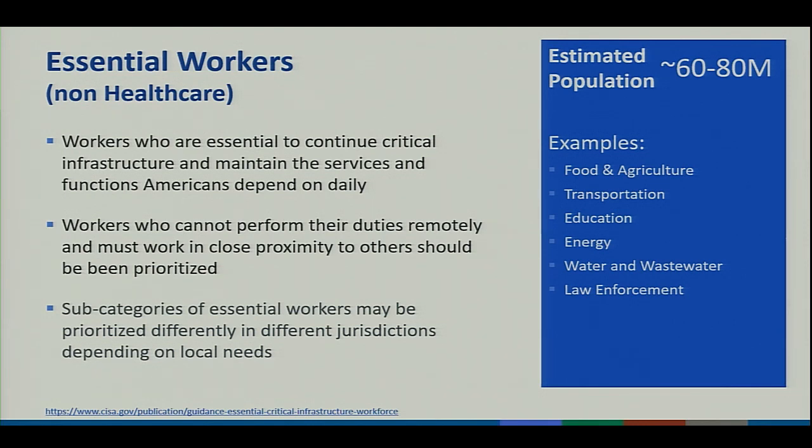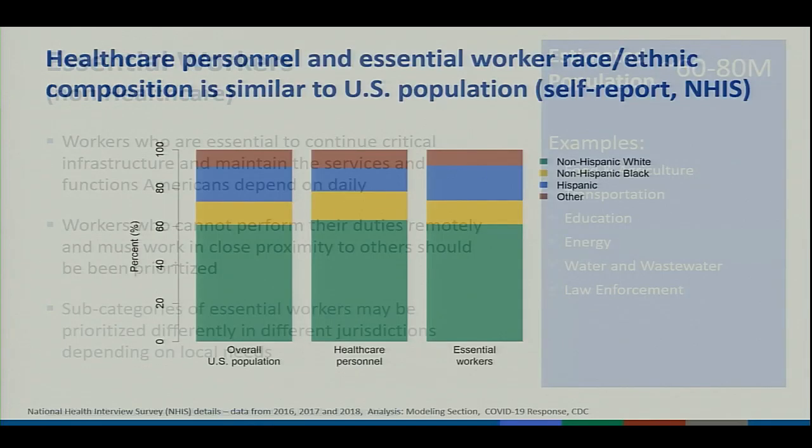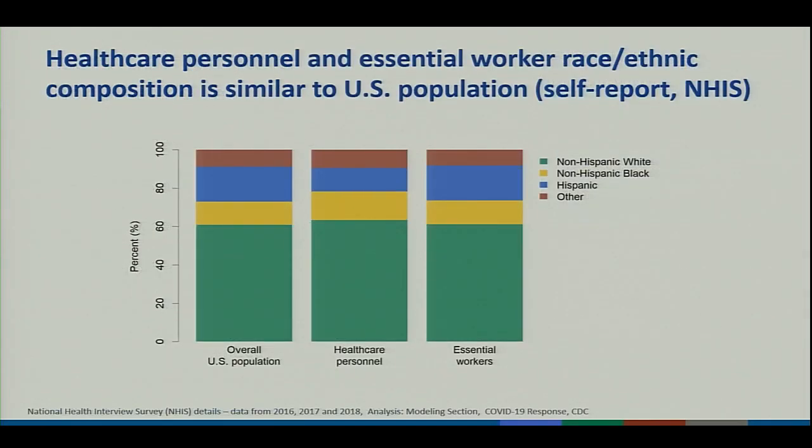Although not exhaustive, some examples include workers in industries such as food and agriculture, transportation, education, energy, water and wastewater, and law enforcement. Next slide. It's worth noting that healthcare personnel and essential worker composition by race and ethnicity is similar to the overall US population, according to self-reported data from the National Health Interview Survey. Next slide.